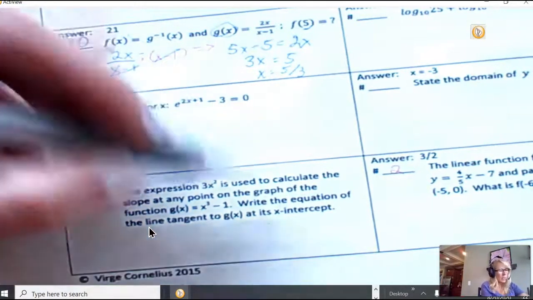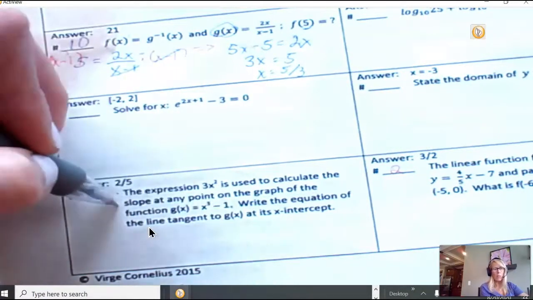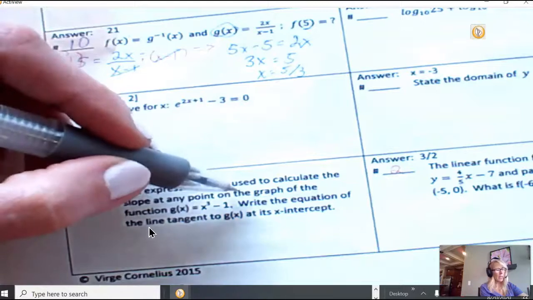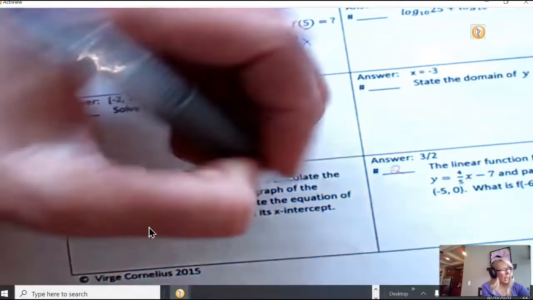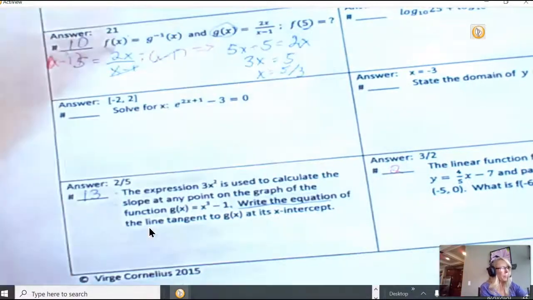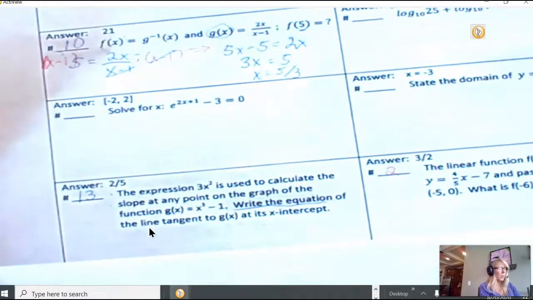I always look at the end. What are they asking in the first place? Write the equation of the line tangent to g of x at its x-intercept. So the big thing is, I got to write an equation, right? Of a line. So I need to remember a couple of things.